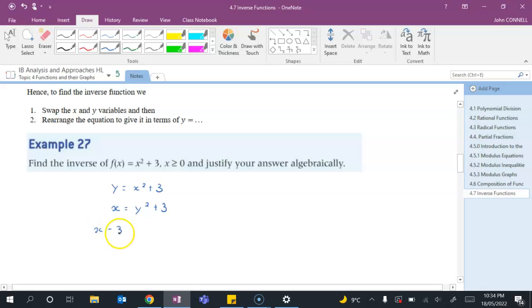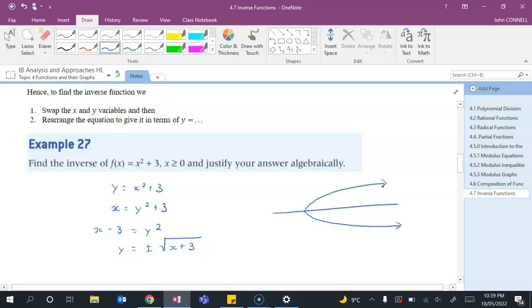So I'm going to get x take 3 is equal to y squared, and so y is equal to plus or minus the square root of x take 3. y equal to plus or minus the square root of x take 3 is not actually a function. It's two separate functions. If you think about it, y equals positive root x take 3 is that one, and negative root x take 3 is this one.